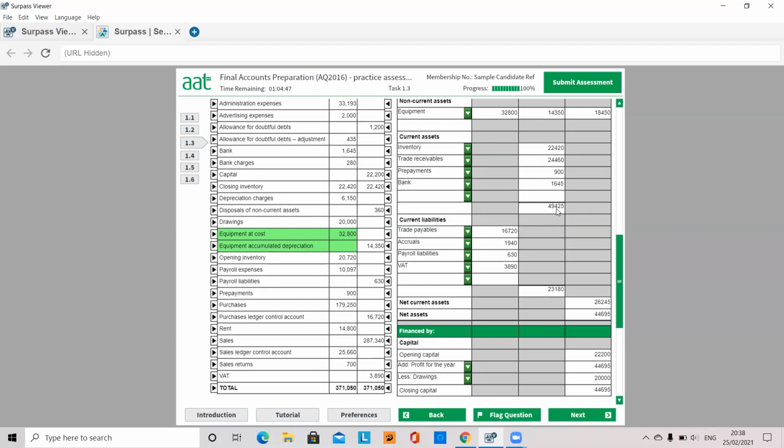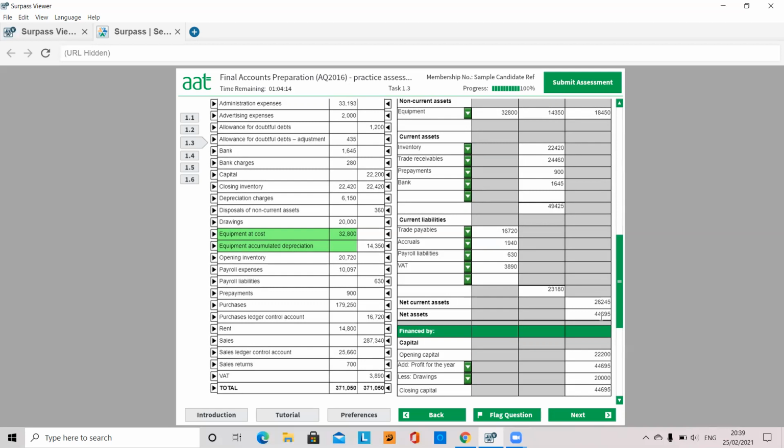So 49,425 minus the 23,180 gives us our net current assets of 26,245. Okay. Net assets overall, so that's our non-current assets, our fixed assets, 18,450.